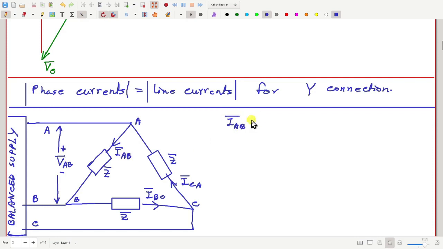This is VAB by Z. Absolutely right. Similarly, you can find IBC and ICA.